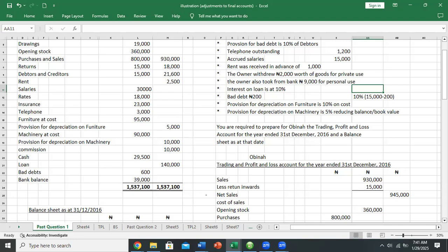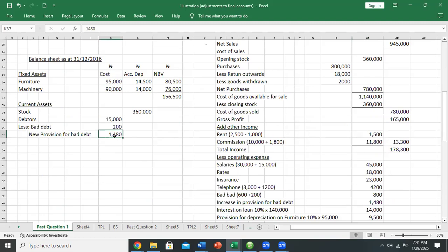So we arrived at 1,480. And these are the two things you adjust to the debtors figure in your balance sheet: bad debt and provision for bad debt in the additional information. So 15,000 minus 200 minus 1,480. So this is your debtors figure. Very simple.